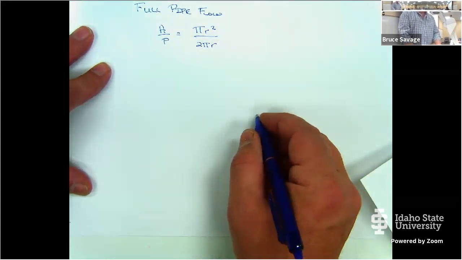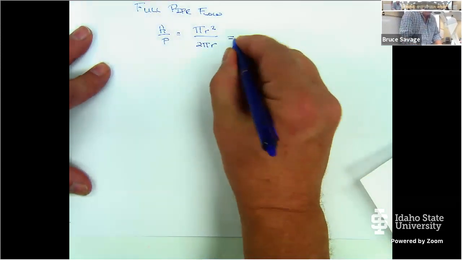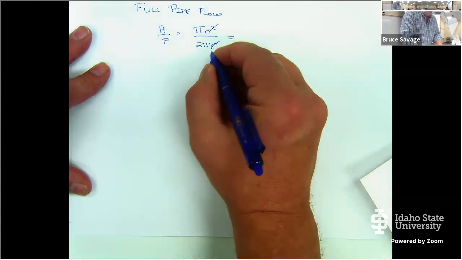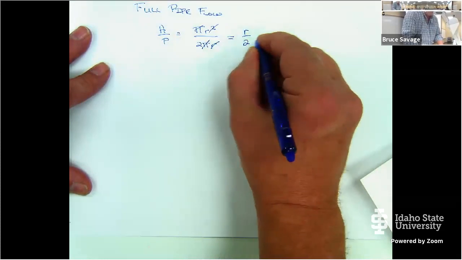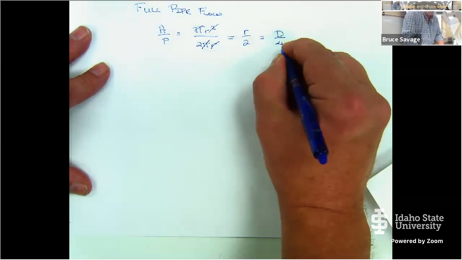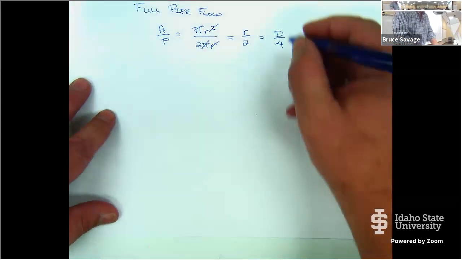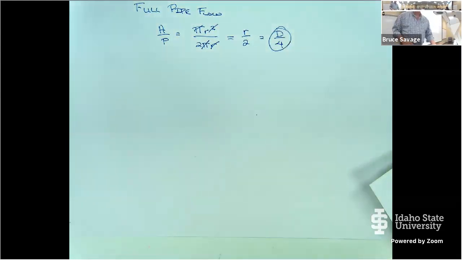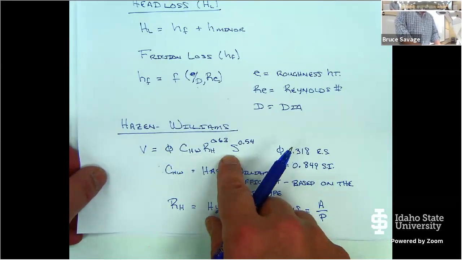That's the circumference of the pipe. So if it's full pipe flow, the wetted perimeter is going to be the entire circumference. So now we can simplify this. Pi cancels out, and we're left with r divided by 2 or d divided by 4. So a lot of times when we want the hydraulic radius of the pipe, and we know it's full pipe flow, we just throw in d divided by 4 and move on.